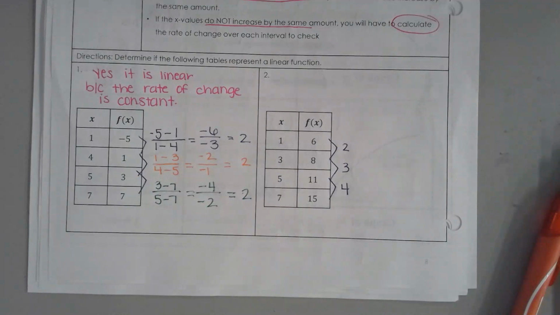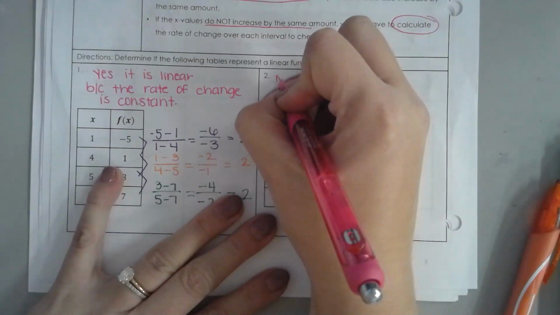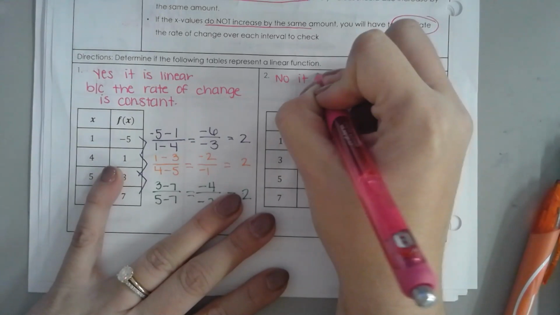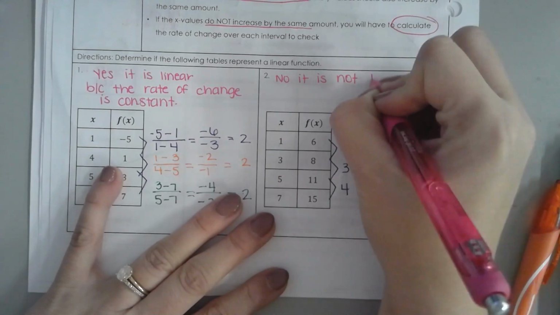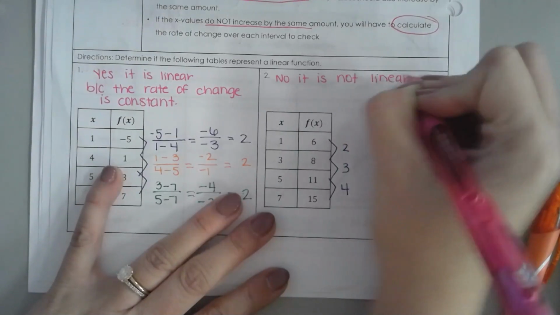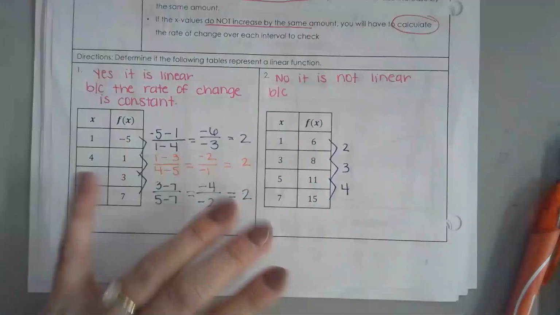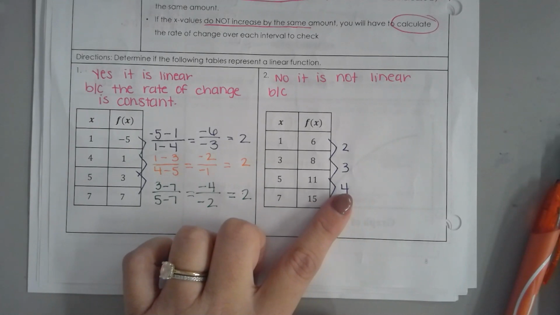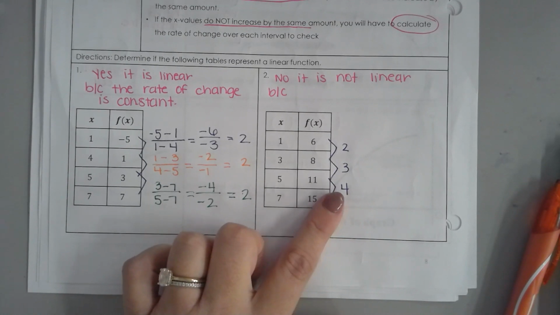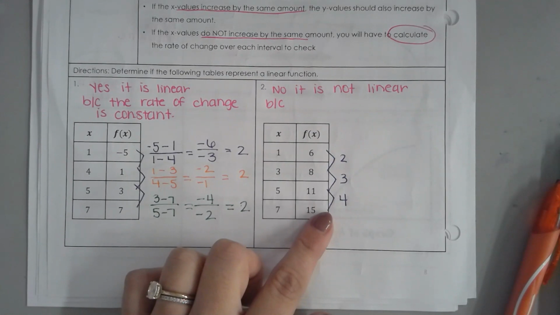So, are those numbers constant all the way across? Did I write the same number all the way down? No. So this one is no, it is not linear because you can say that the average rate of change is not constant.